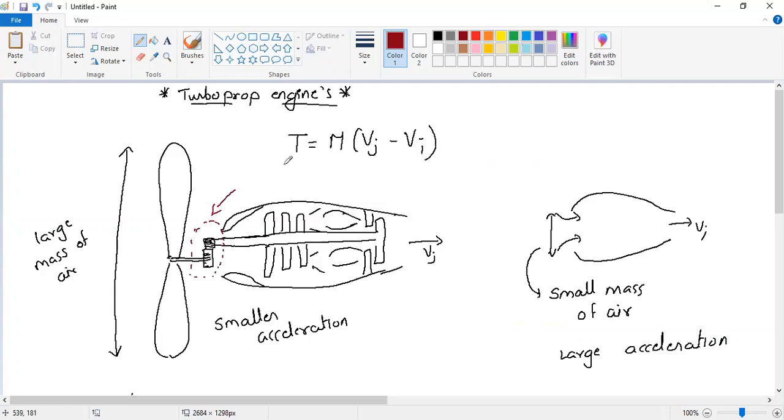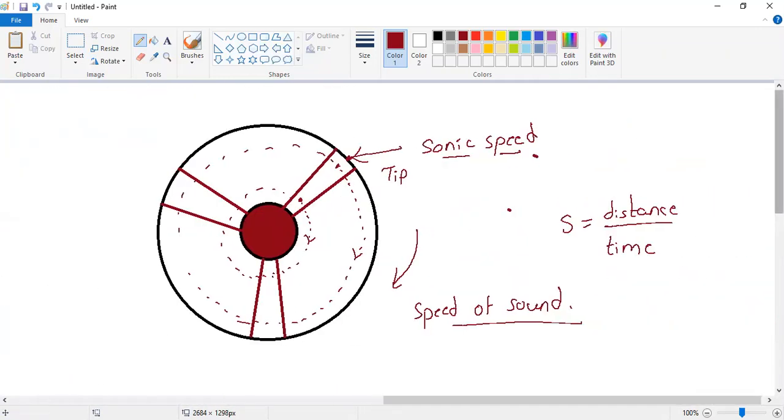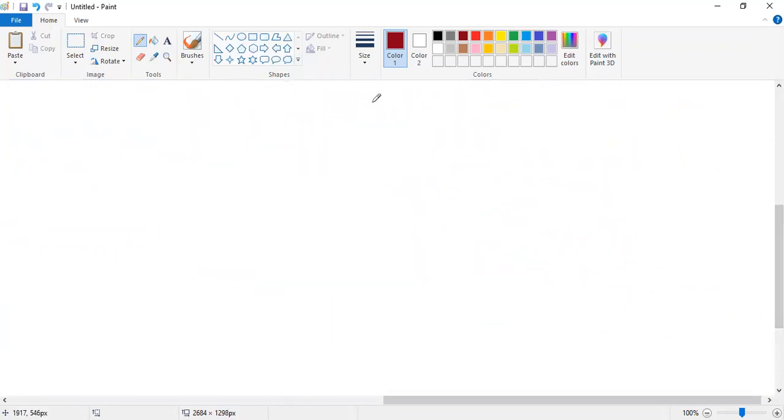This is called a reduction gear. Please understand, the name itself suggests reduction gear means reducing the RPM. What is the function of the reduction gear? It reduces the RPM.